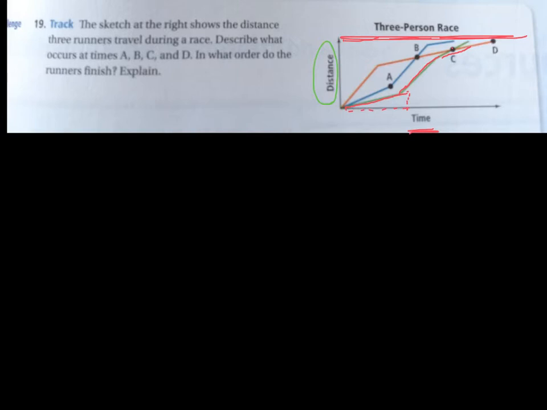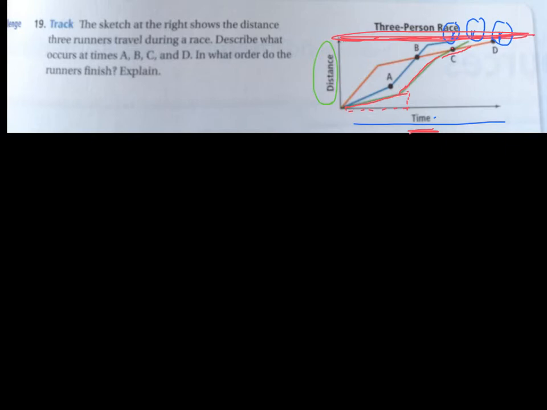Based on where they finish, remember, time is along this axis, so blue gets to the finish line first, then green, and then red. Because, again, this is time along the x-axis. If none of the line graphs are going past this point up here, that's as far as they go. So that's like the finish line.